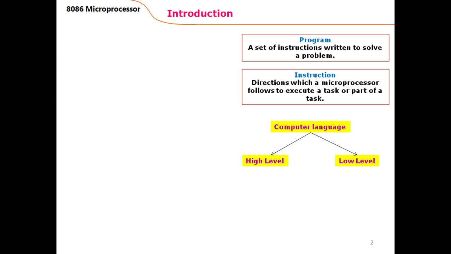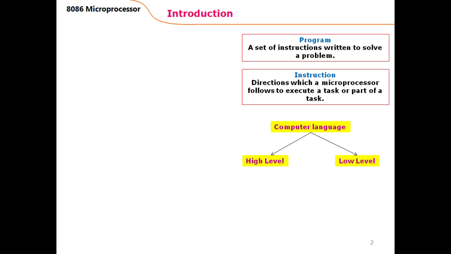The first level is called high-level languages. In the high-level languages, the programming languages are more user-friendly, and it is easy to write computer programs in them. For example, Java, C++, MATLAB. These are high-level languages.